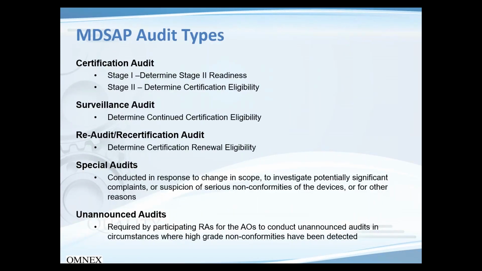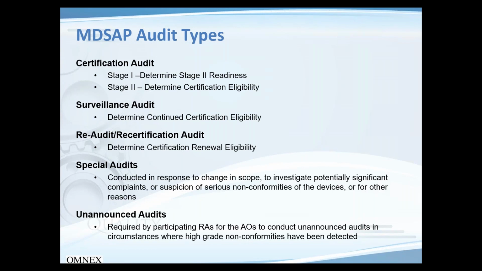The audit types: we have the stage 1 audit and the stage 2 audit. Stage 1 is a documentation review, to make sure that stage 2 readiness is there. And there will be times when the auditor conducts a stage 1 audit and then says, no, you are not ready. Stage 2 is determining the certification eligibility.